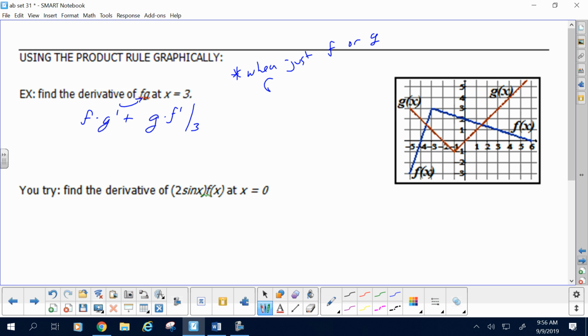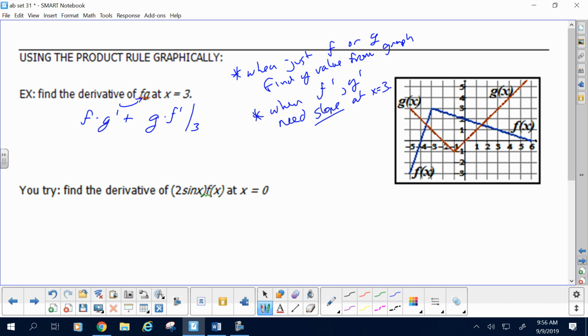So you just find the y value from the graph. But when you find f prime and g prime at 3, what will I need to do? I need the slope at that. Slope at x equals 3. Not the value, or not the point.